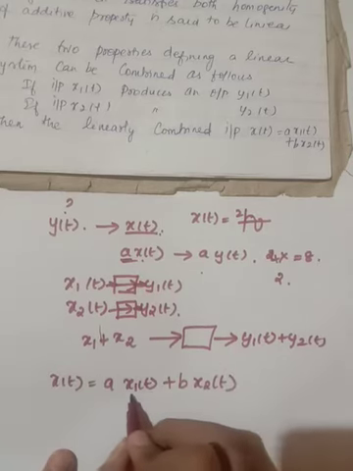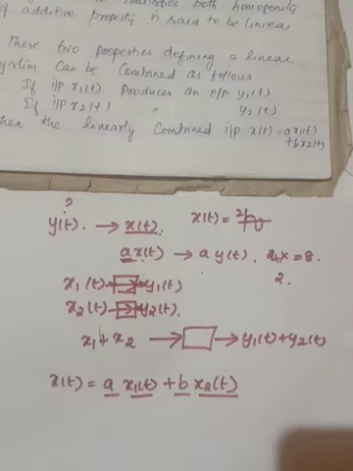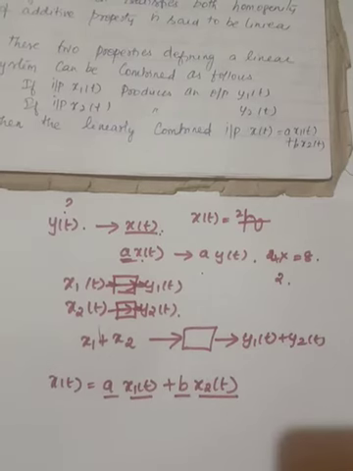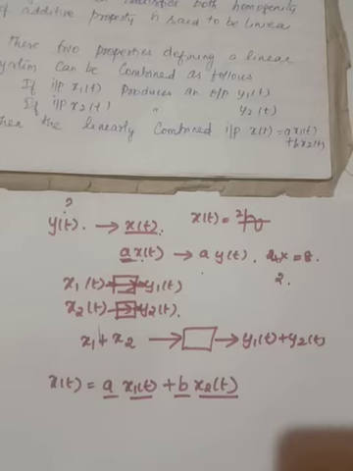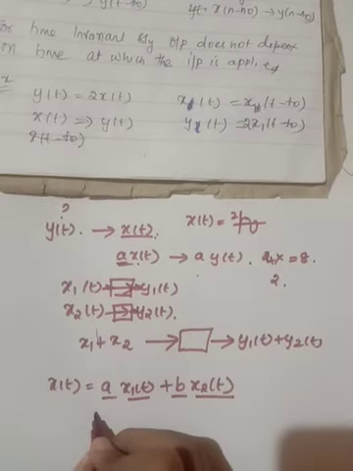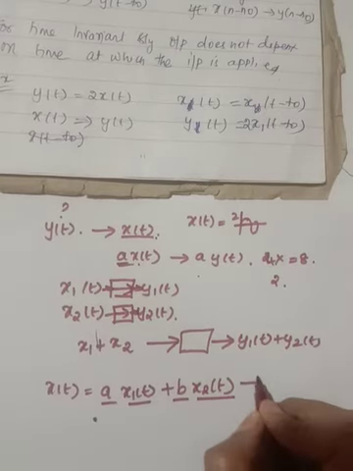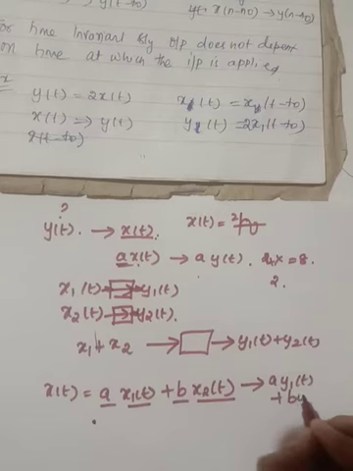So here I am adding two signals as well as scaling them by scaling constants a and b. When I give this input to the system, it should produce a y1 of t plus b y2 of t.